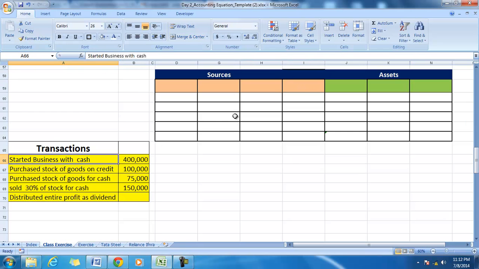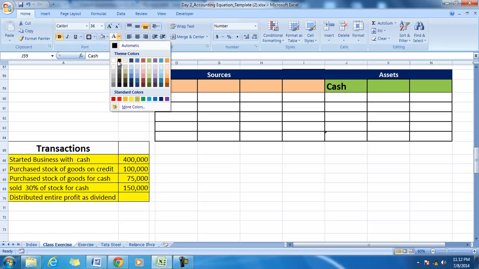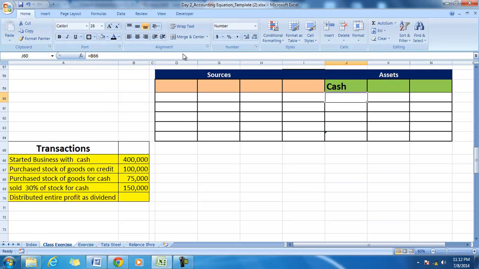So started business with cash, so the business is receiving cash of 400,000, and the source to that extent is the capital. So capital is money contributed by the shareholders or the owners, and cash is an asset.